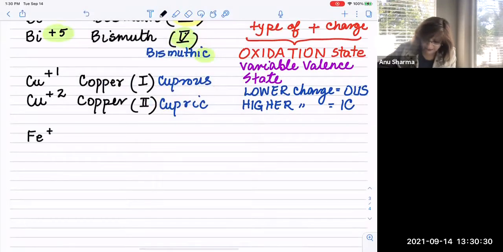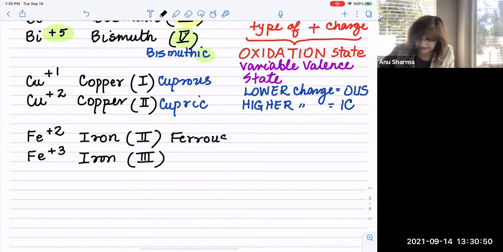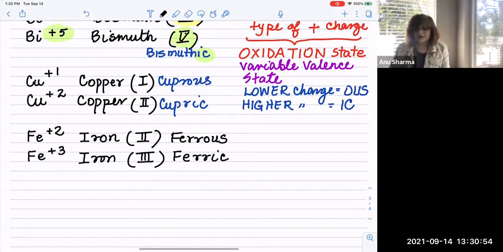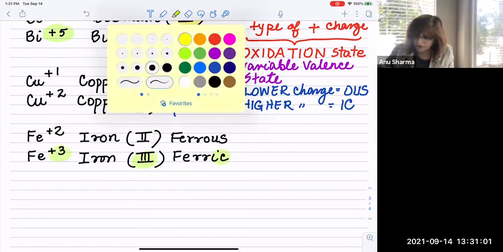Iron exists in a +2 state and in a +3 state. In the +2 state, we write iron 2, and this is iron 3. This becomes ferrous, and this becomes ferric. Again, higher oxidation state and lower oxidation state.